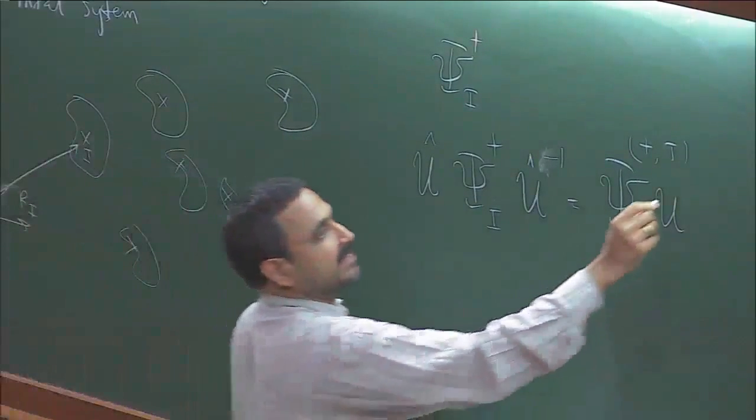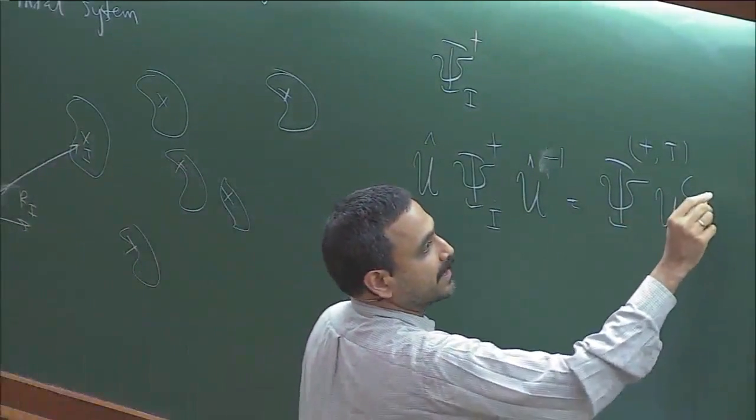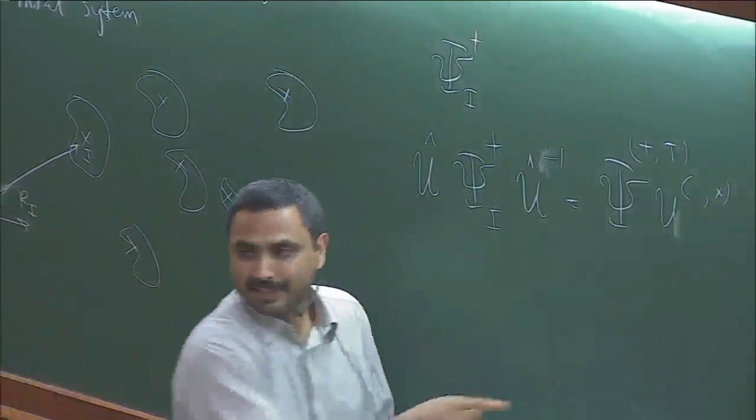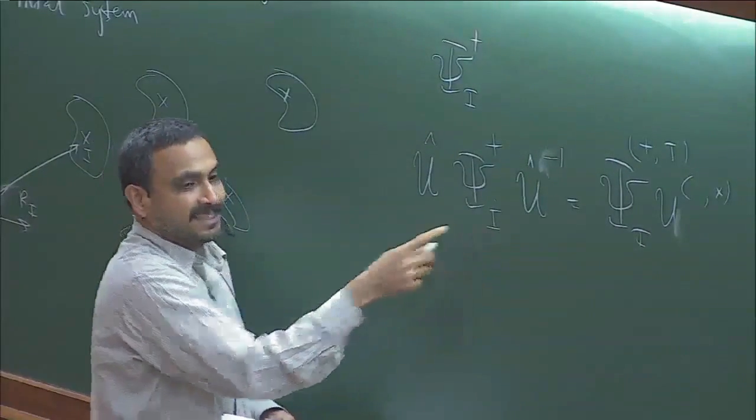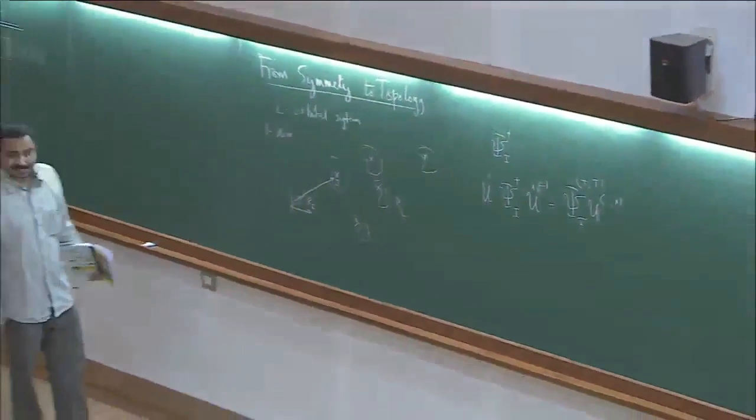So again, this may be a U or it may be a U star, depending on what it is. But the point I'm trying to say is that if I do a symmetry transformation, stuff at I will stay at I. It will not go elsewhere. Right? So in some sense, the group is like a product of whatever can happen in the I space and that. Okay, very good. This is our starting point.